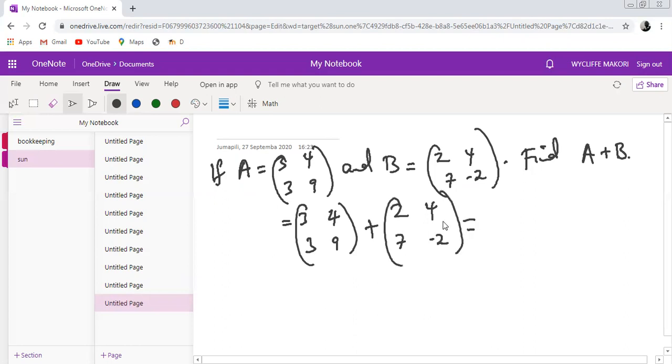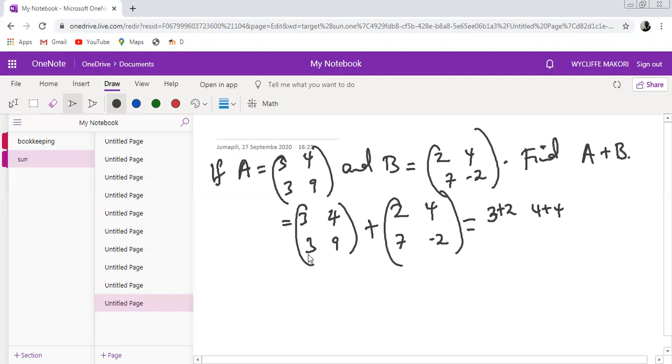As far as addition is concerned, elements that occupy the same position are normally added or subtracted. For example, this element here is in row 1, column 1, so it should be added with the element which is in row 1, column 1. So we normally add the two that are corresponding. This is the same as 3 plus 2. Then 4 corresponds to this 4, so you add them, 4 plus 4.